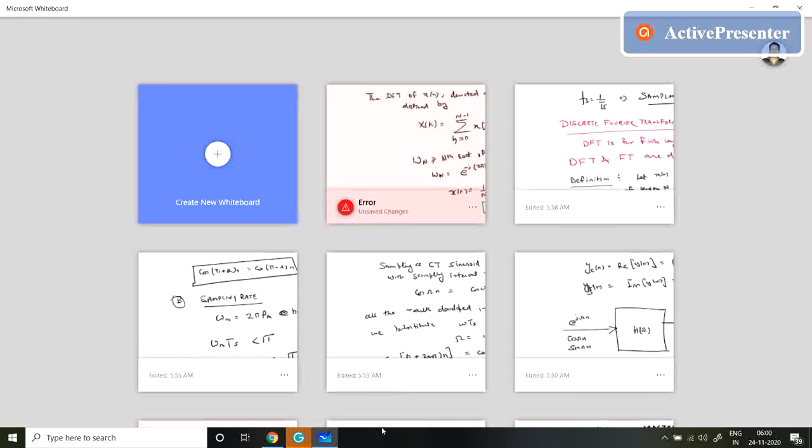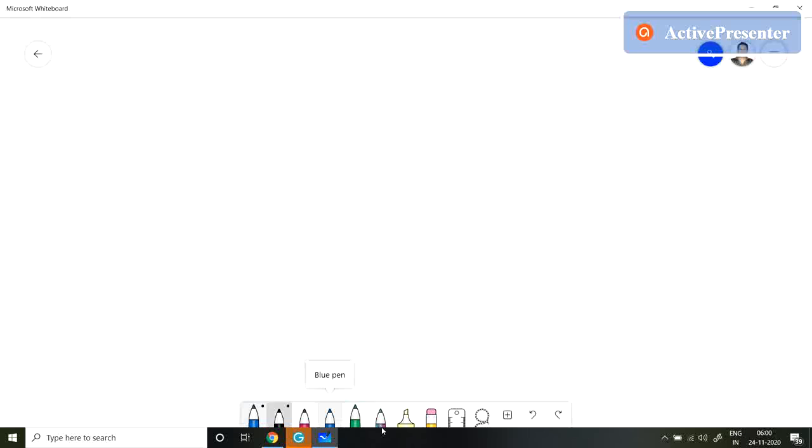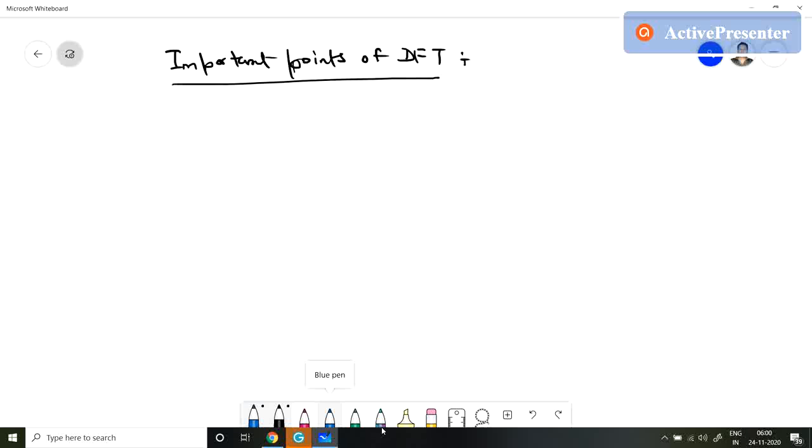So what are the important points of DFT? The first important point is that there is a one-to-one correspondence between x[n] and X[k].